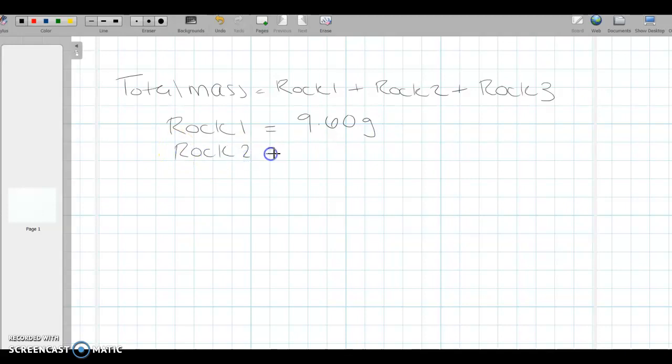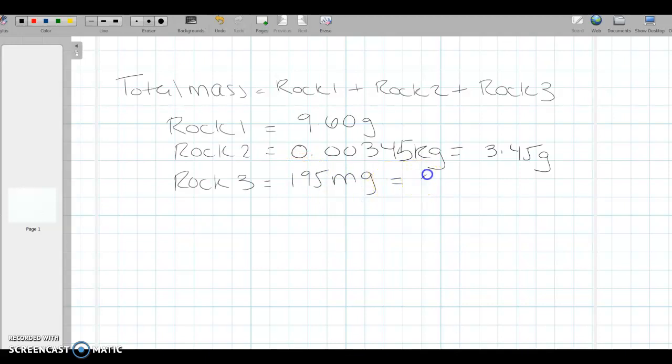Rock 2 equal to 0.00345 kilograms, which converted equals 3.45 grams. And rock 3 equal to 195 milligrams, which converted equals 0.195 grams. So the total mass in grams equals 13.245 grams.